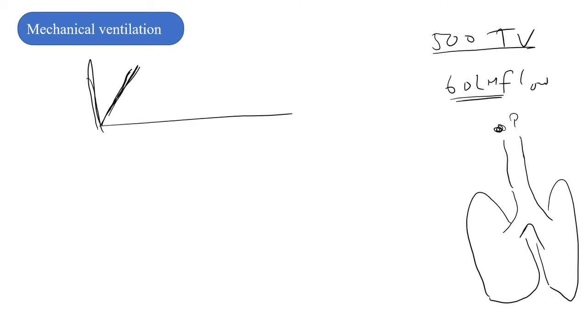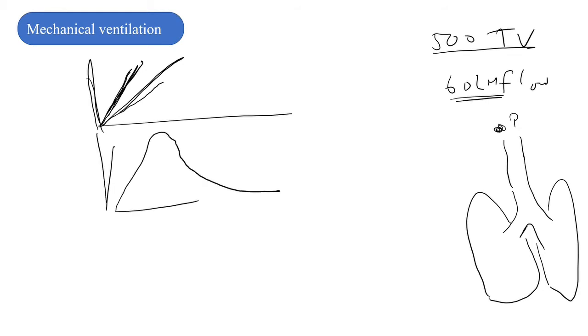A flow rate of 60 will be different from a flow rate of less than 60, but it will reach a peak level. Then it will decline passively according to the pressure gradient, back to the baseline level. This is the inspiration and this is the expiration.